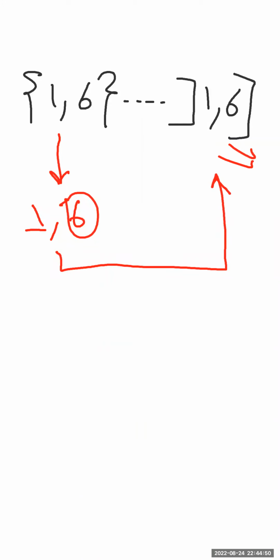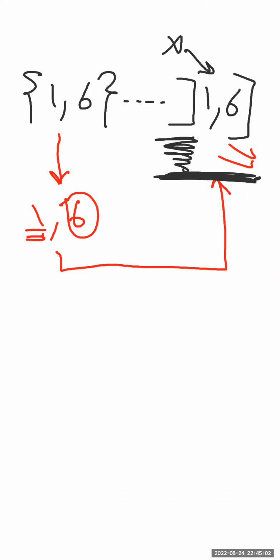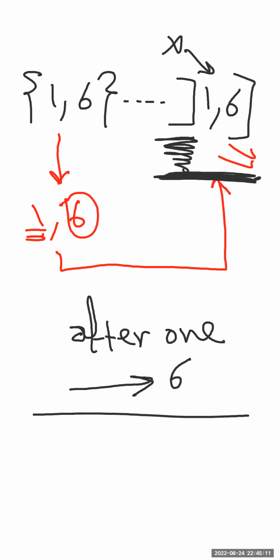But 1, do we have 1 inside this interval? No. Why? Because it was open from the side of 1. So this interval consists of the numbers after 1 till we reach 6. 1 is excluded here. Correct, guys? Correct.